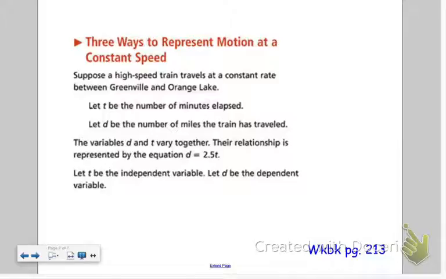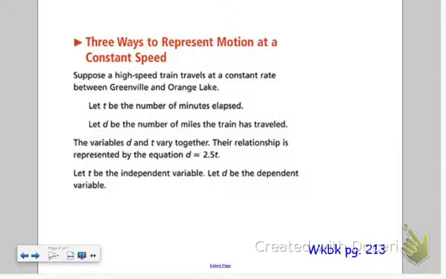So T is for time, D is for distance, but the unit that we're going to use for time is minutes, and the unit that we're going to use for distance is miles, because remember, we always want to make sure we include units of measure when we label our variables. The variables D and T vary together.